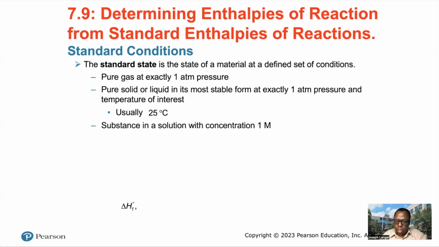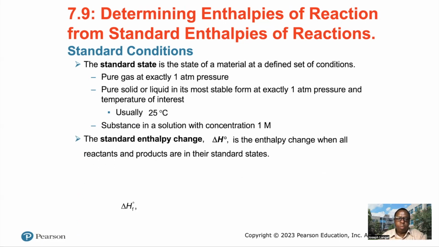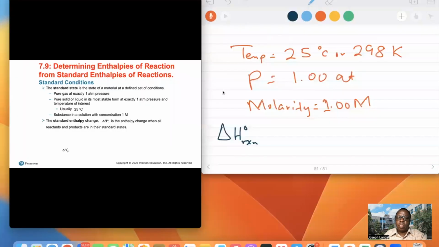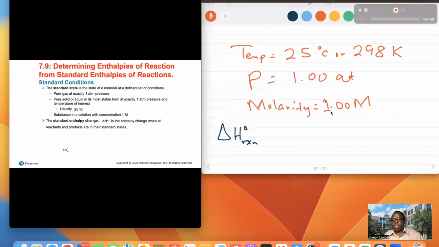We use the superscript naught for standard. So if you see this, the change in enthalpy is now different. When we have that superscript there, it means the standard state: temperature 298 Kelvin or 25 degrees Celsius, pressure has to be 1 atmosphere, and the molarity or concentration of the reagents must be 1.00 molar.